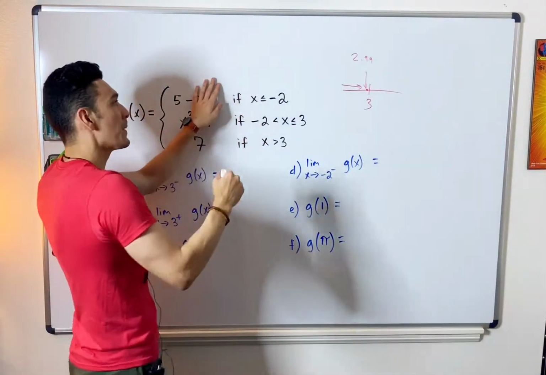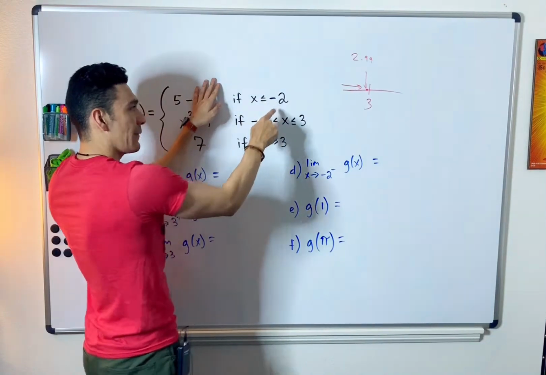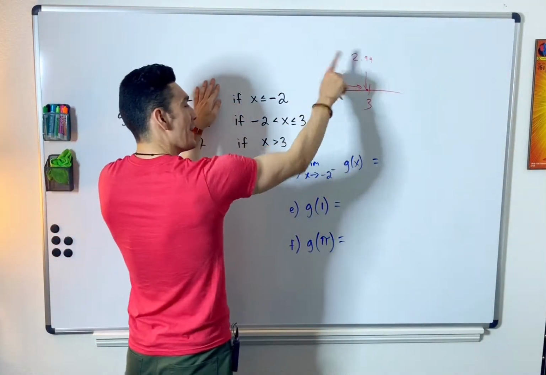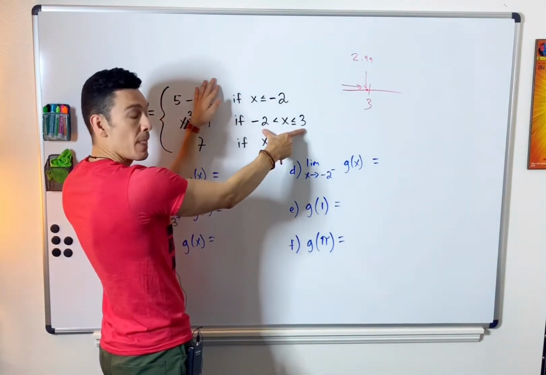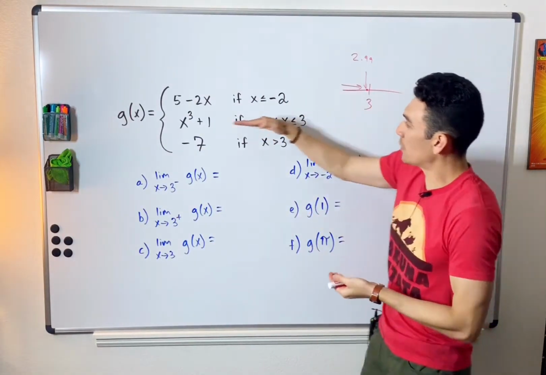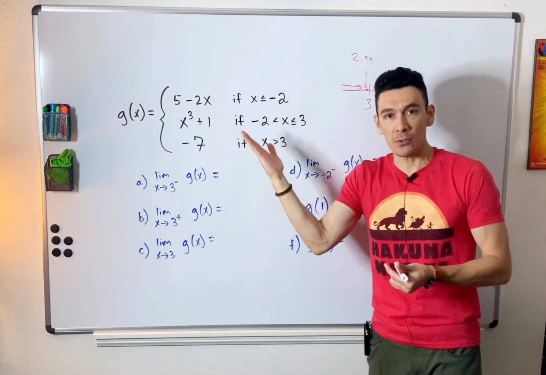Obviously not. Is 2.99 less than or equal to -2? Of course not. So 2.99 safely lives somewhere in between here, which means that we must go to this middle row and do our math in that location.